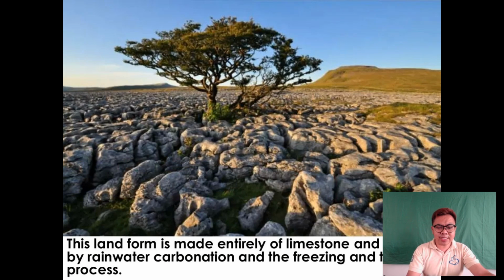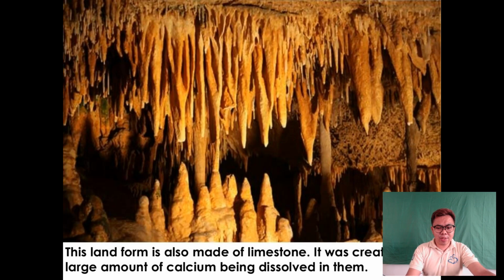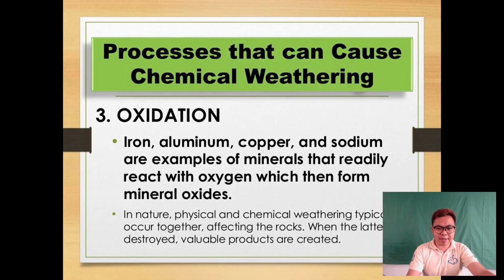Ito po is an example siya ng landform na kung saan it's mostly limestone, and because of rainwater carbonation plus freezing, ganyan na naging result niyan. And also this, the limestone, mostly ito ay form ng calcium na nadidissolve, then nagga-harden.